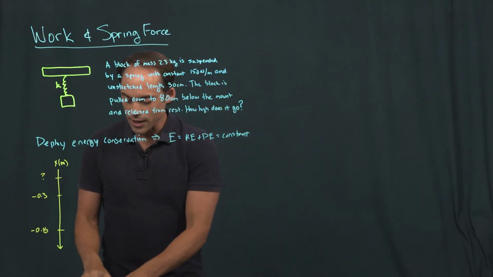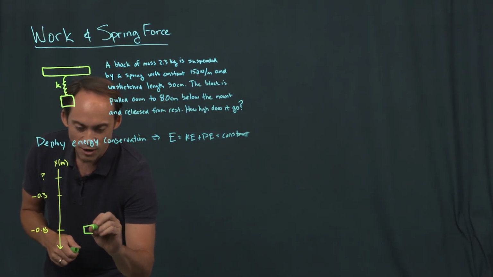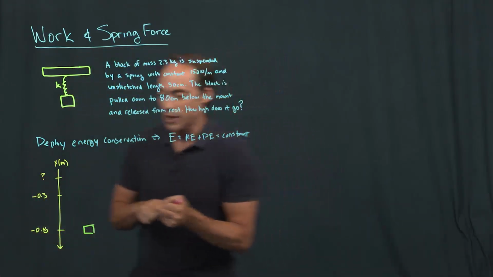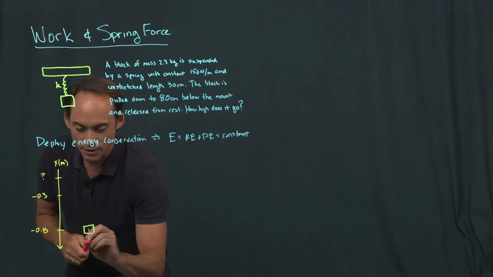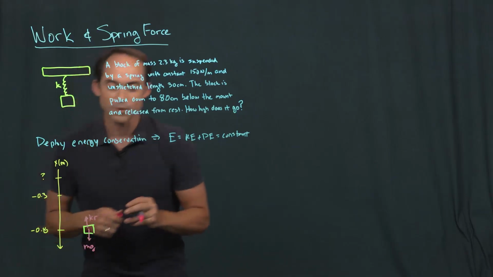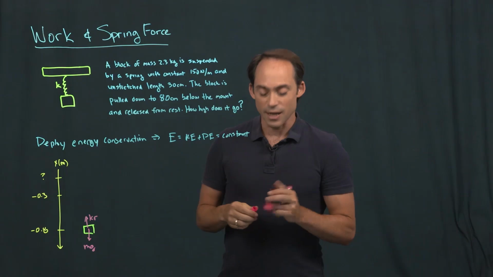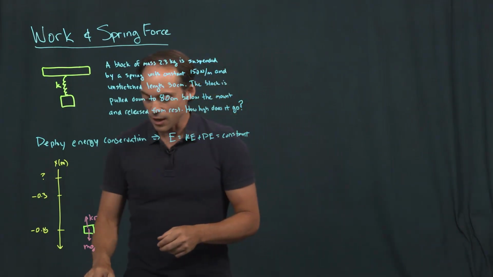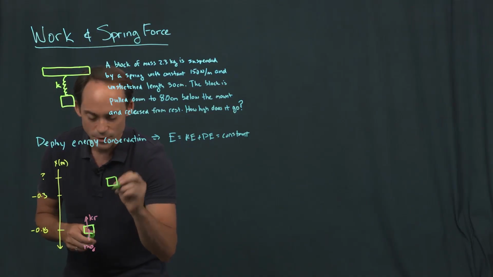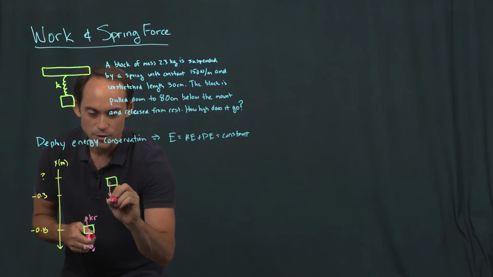Now, depending on where this block is, we're actually going to have different forces acting on it. So when it's initially starting off here, and up to the point at which it's gone past its equilibrium point, we have the competing forces of weight and spring force acting in opposite directions. At the point where it moves beyond the spring's unstretched length, which is 0.3 meters, the spring force is going to turn around, and now it's going to be aligned with the weight force.